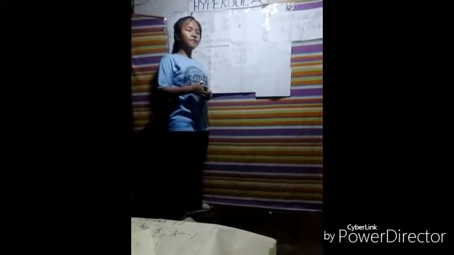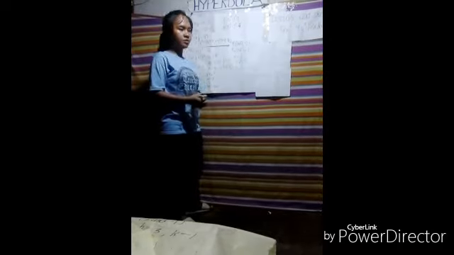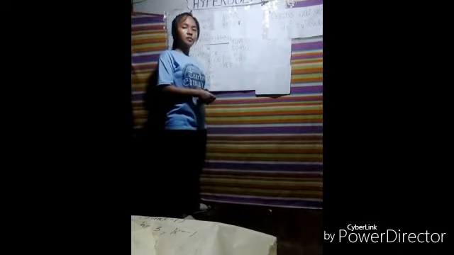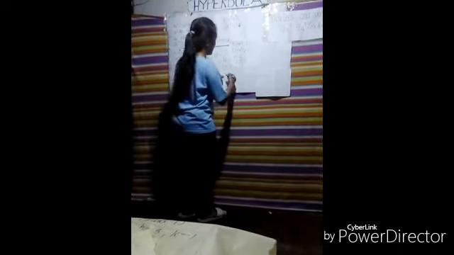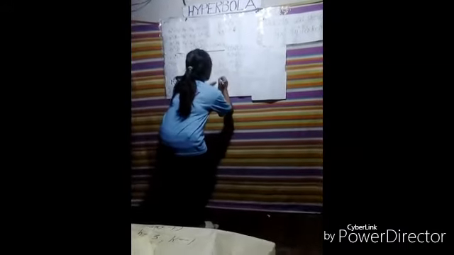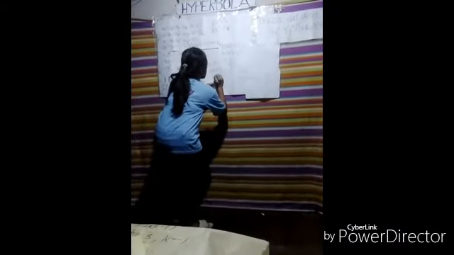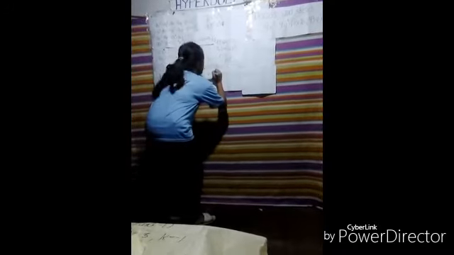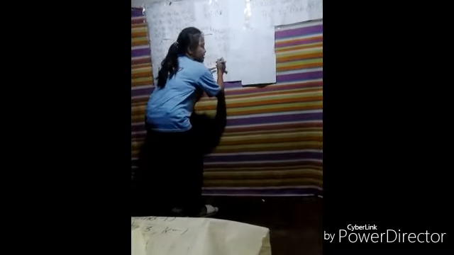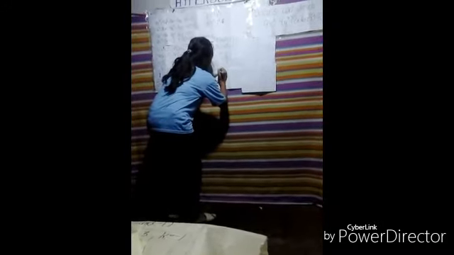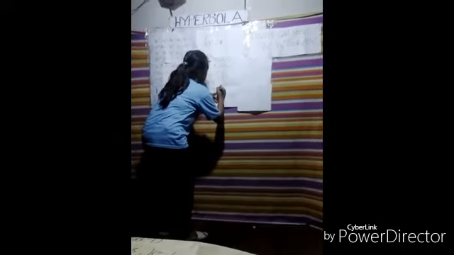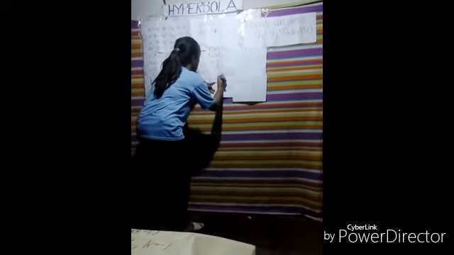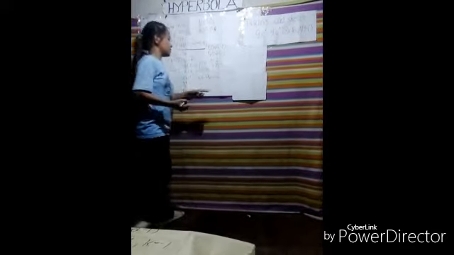Next is to find the equations of the asymptotes. To find the equation of the asymptotes, there is a formula: y minus k equals plus or minus b over a, times (x minus h).